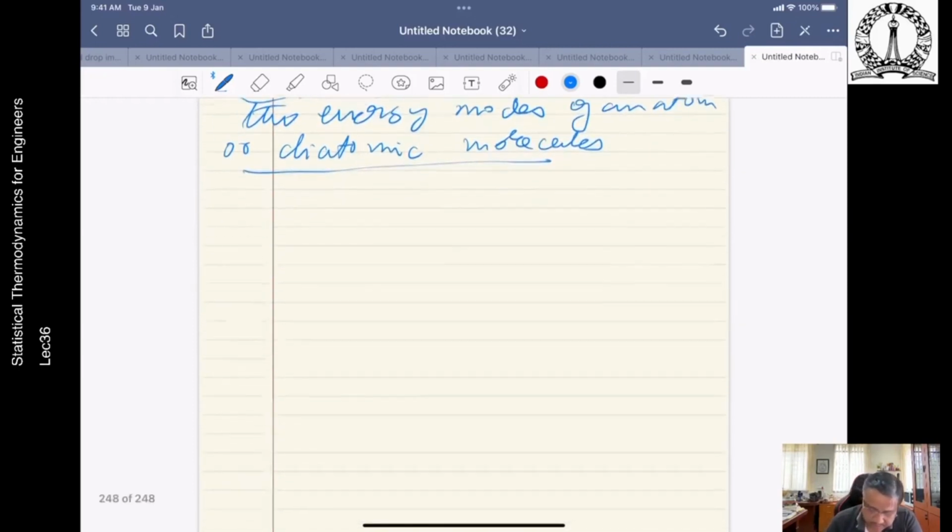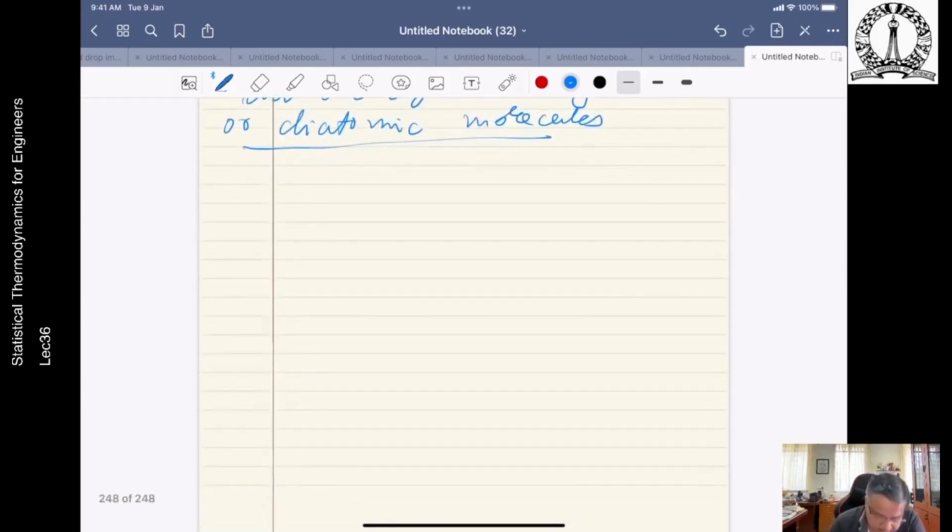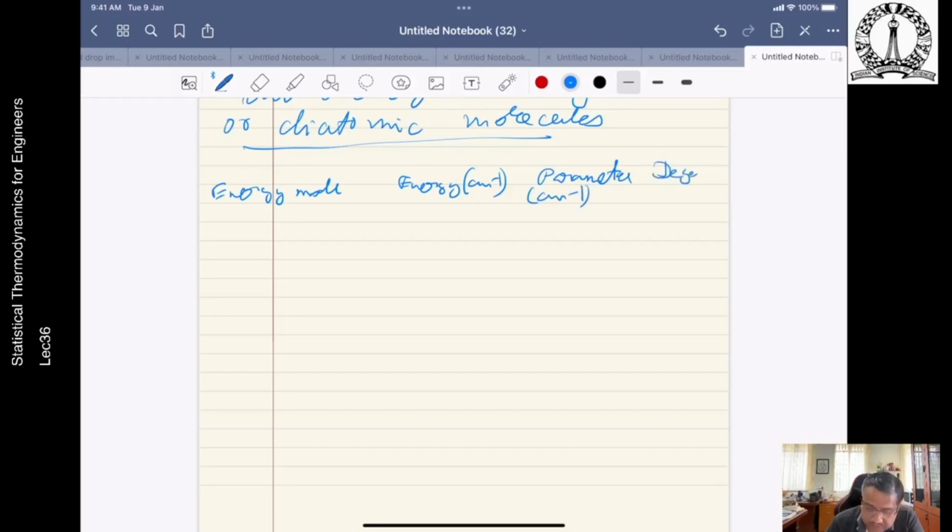Okay, so let us do this. The first one is the energy mode. Then it is the energy, all in centimeter inverse, with the parameter also in centimeter inverse, and then of course the degeneracy. The first one is the translation.